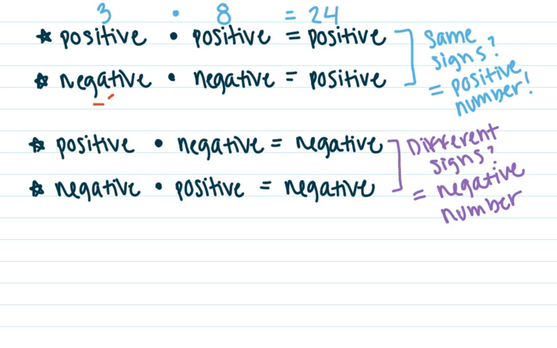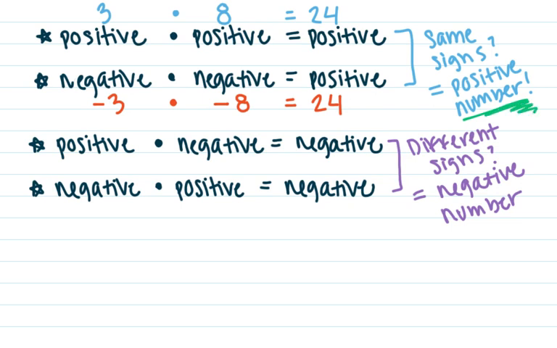If I have a negative 3 times a negative 8, that is also going to equal a positive 24. If you have the same signs, it equals a positive number.